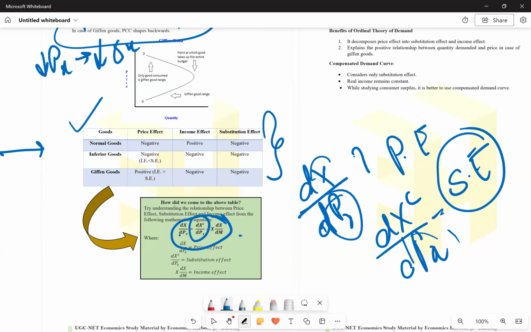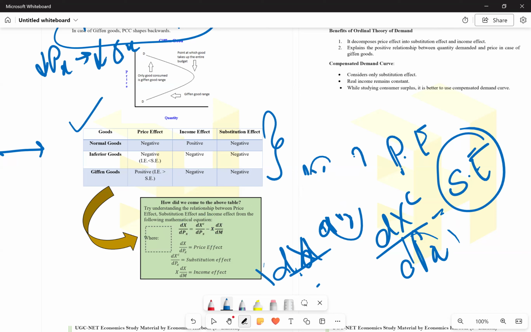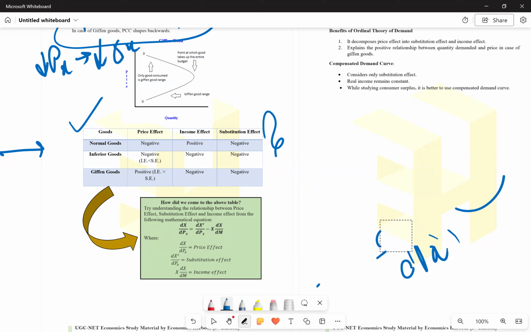And then this last term, X into dx by dm, where dx by dm is your money income effect. So how is your income affecting the quantity demanded of X? Now, one thing we know is that substitution effect is always negative, so this term will always be negative.